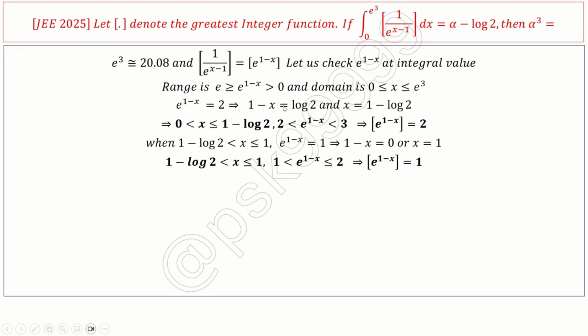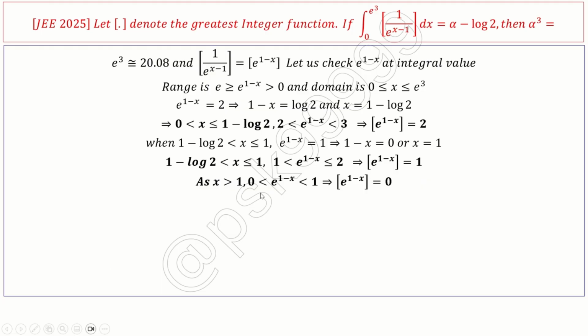Here we equated it to 2 and went below that value. Then for the next range, from 1 minus log 2 to 1, this ranges from 1 to 2, so the GIF value is always 1, and anything other than that is less than 1, which means GIF is 0.